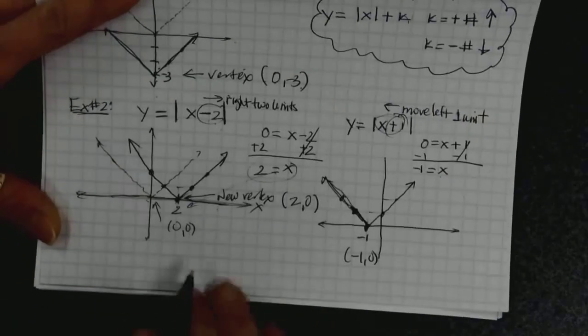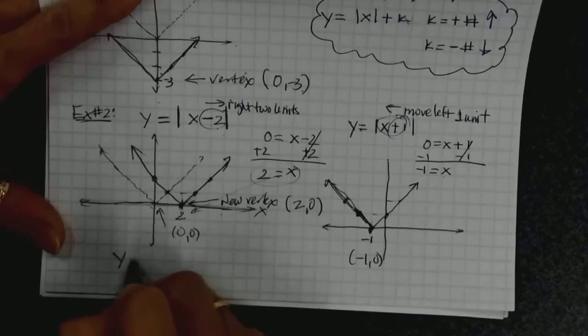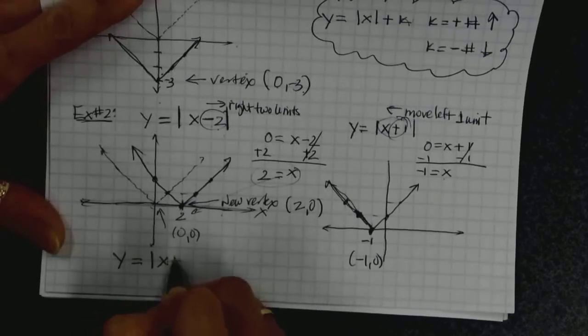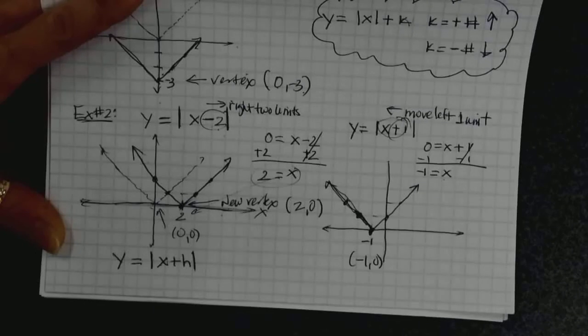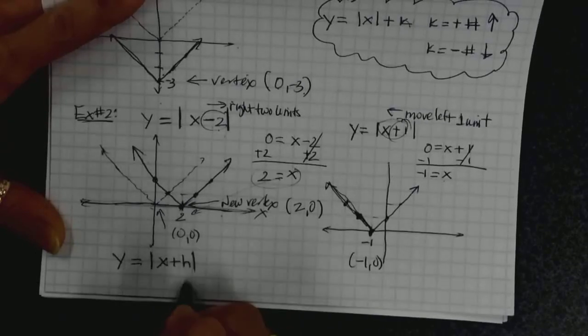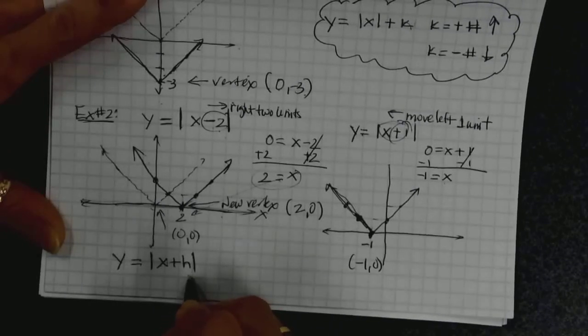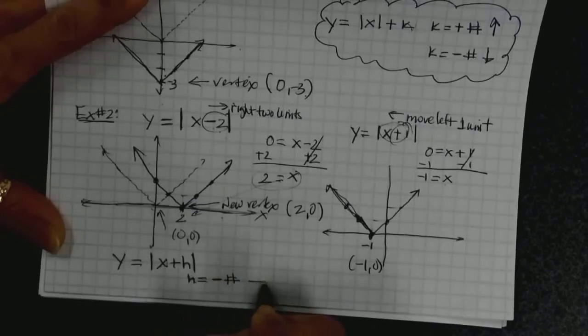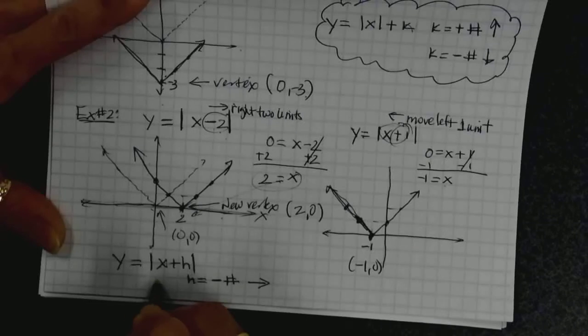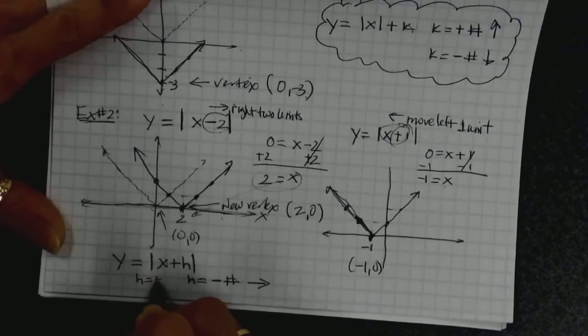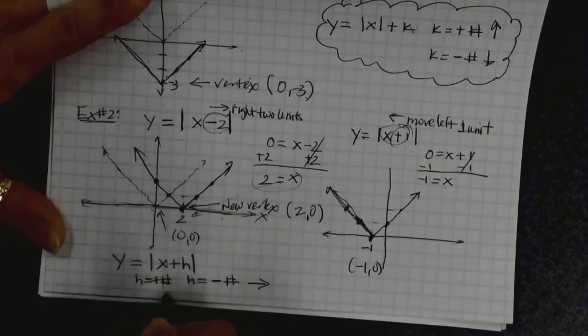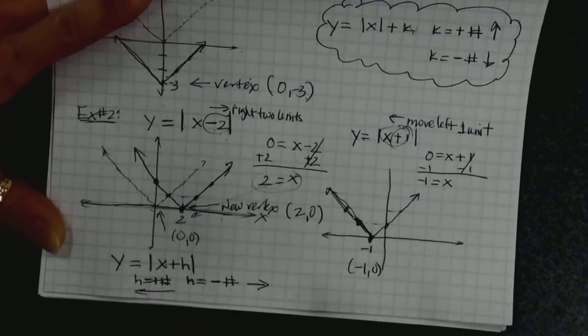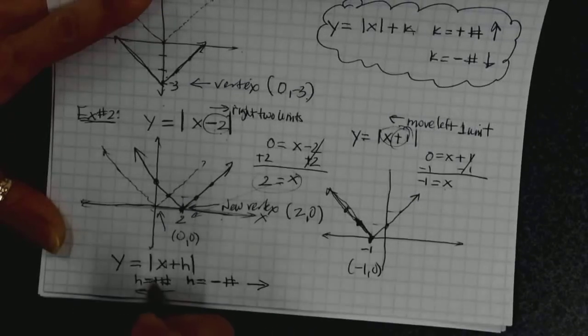So the general equation for that one will be then y equals absolute value of x plus h, where if h is a negative number, it moves to the right, and if h is equal to a positive number, it moves to the left. Okay?